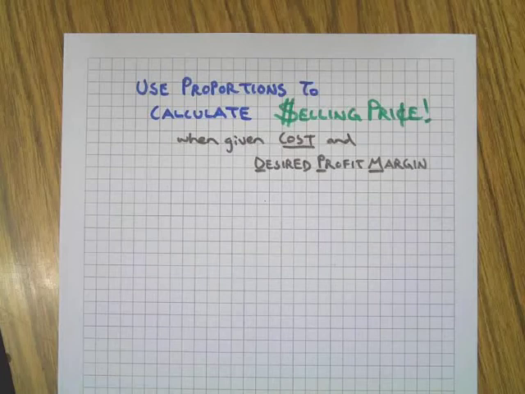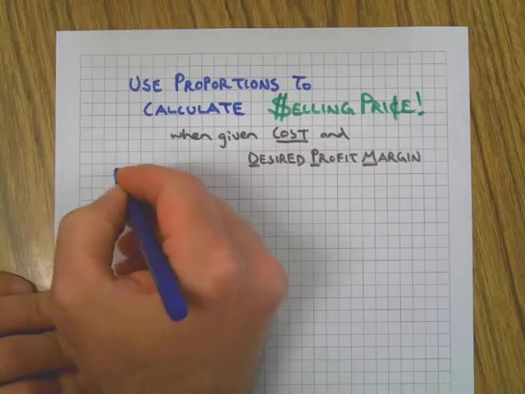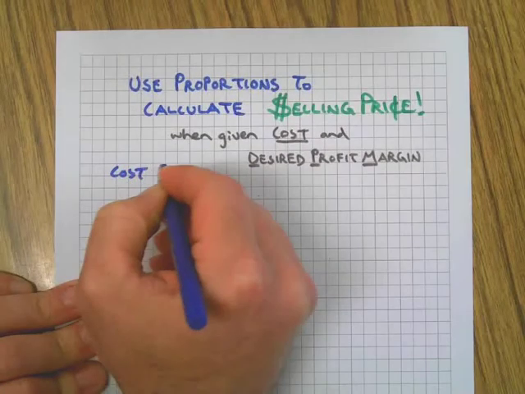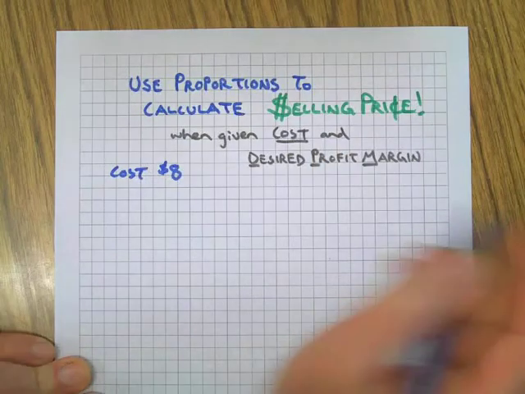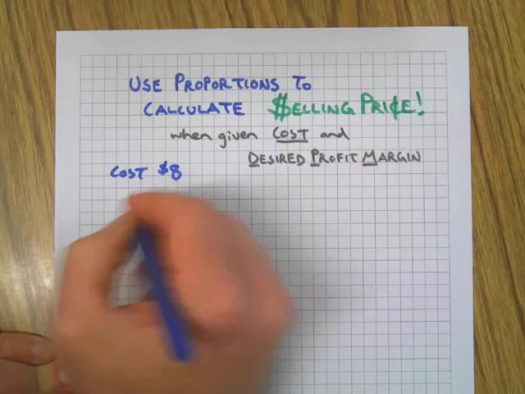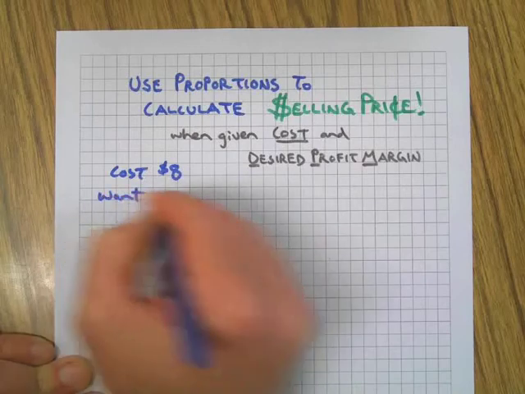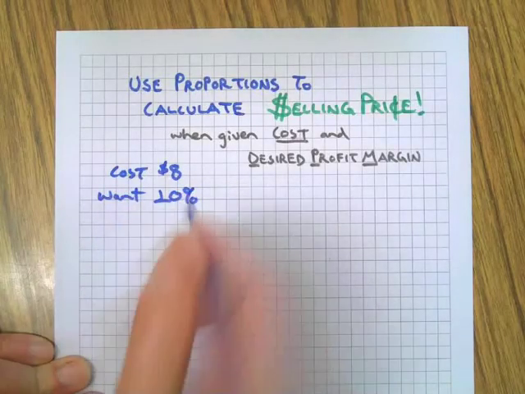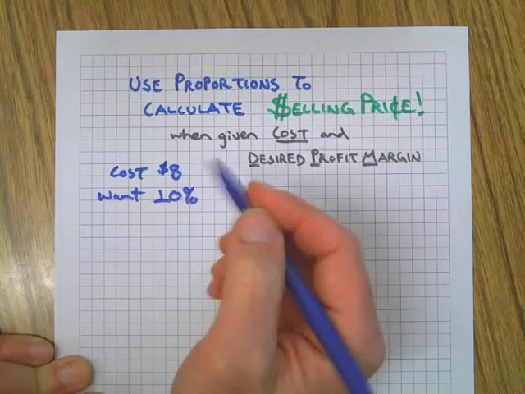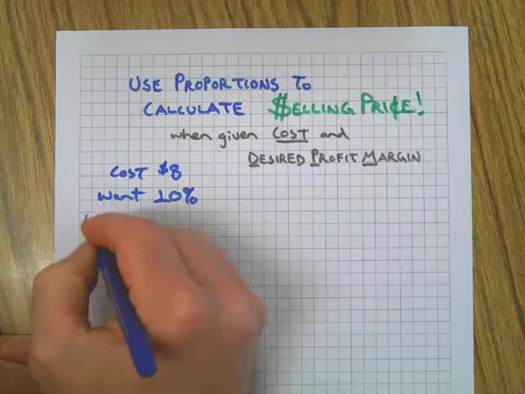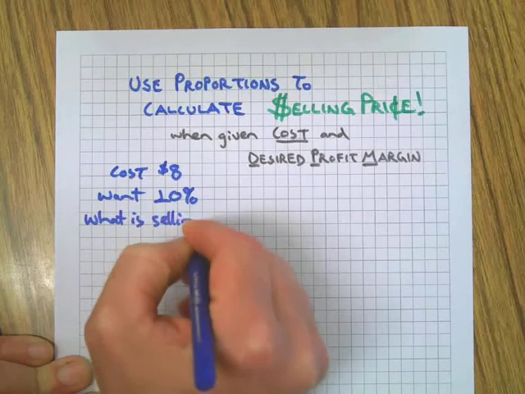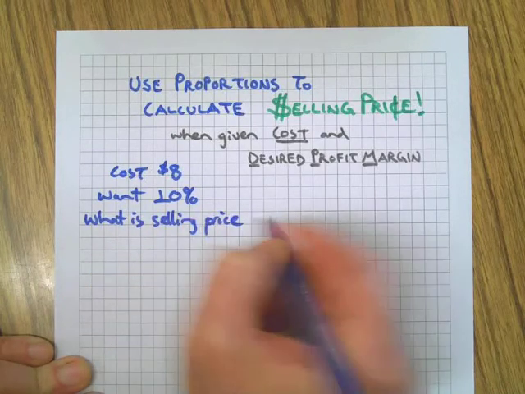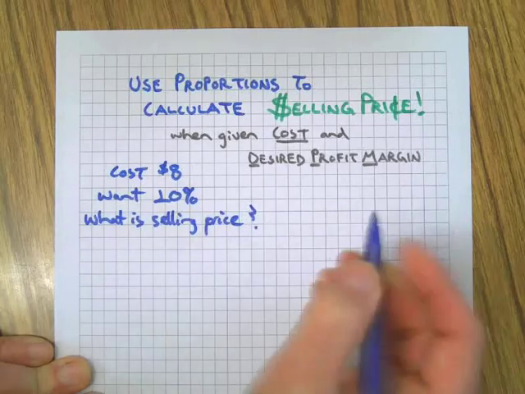For example, let's say you've got a cost of $8 on a product and you want to resell it for a profit. And let's say you want a 20% profit, which is not much, but it's enough to stay in business maybe. Okay, and maybe the question is, what is the selling price? Okay, let's use that as our hook today, our sample problem.